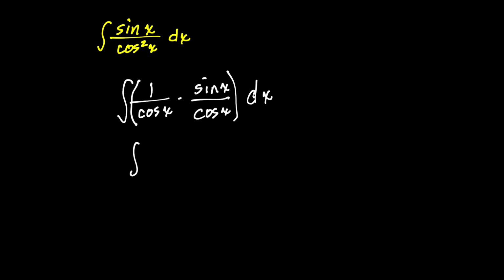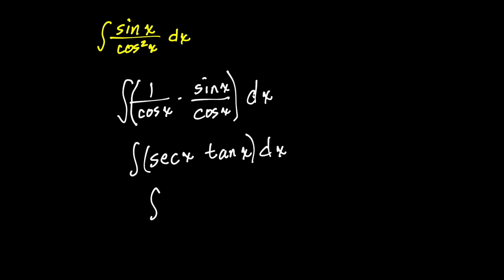Now, rewrite it one more time. I have secant of x, because the reciprocal of cosine is secant. And I'm doing this because I see a tangent over here. So this will become the tangent of x. And the whole thing is dx.